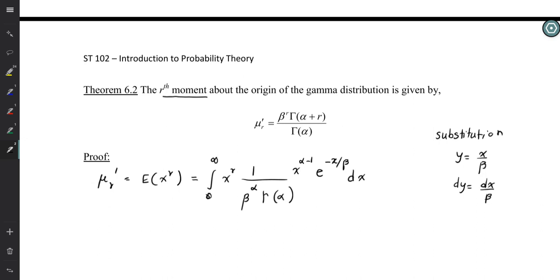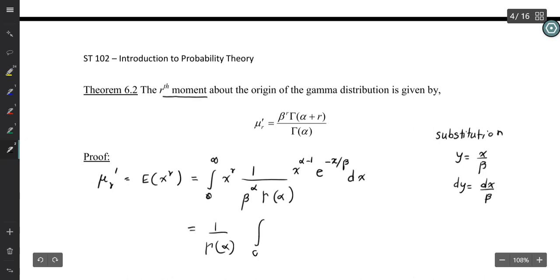Now, in order to combine x and beta, you have to have the same exponent terms. So x has r and x has alpha minus 1, but beta has only alpha. So let's reform our integration. Anyway, let's take this gamma function outside because it's just a constant.